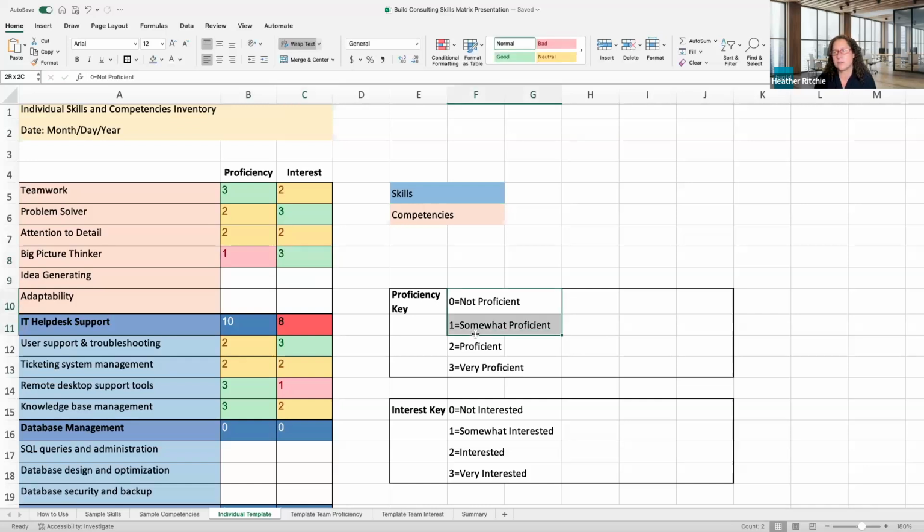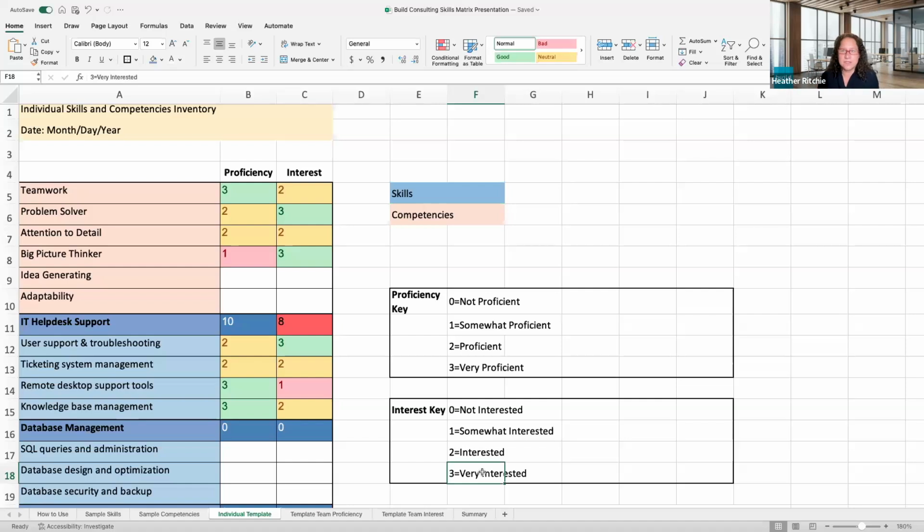And so what you'll see over here is we have a key, and it goes from not proficient to very proficient and not interested to very interested. These could be different. You could make these fun. I've seen this being like awareness levels versus novice versus professional versus expert. The interest key could be not interested, no way, Jose, somewhat interested, maybe, super excited.